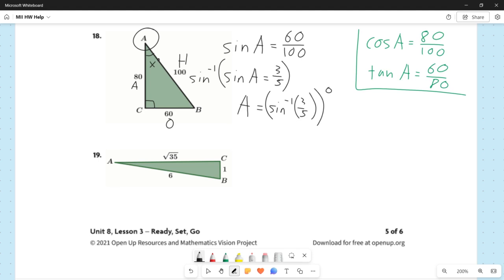So it's that in degrees, essentially. And I guess we could say, the measure of angle A, like that. That's our exact answer. However, I think in this context, it definitely would be helpful to have an approximate answer because sine inverse of 3/5 just doesn't look good, even though it is in fact exact.